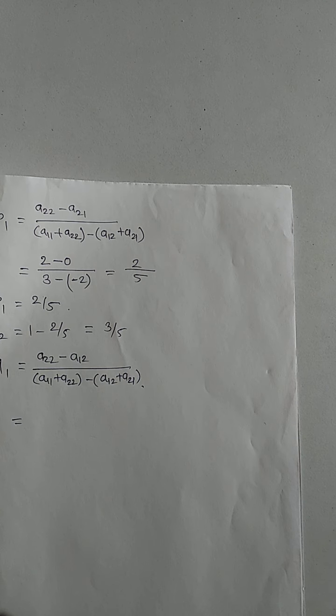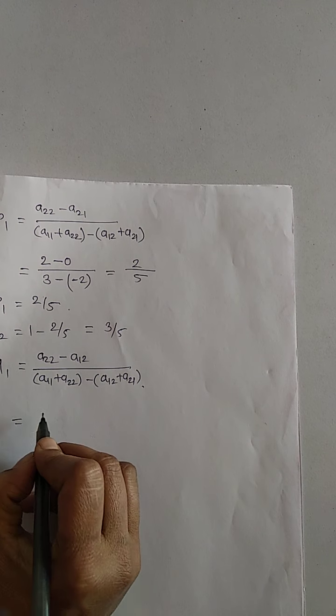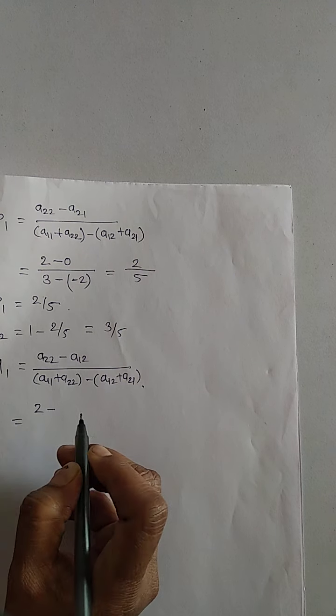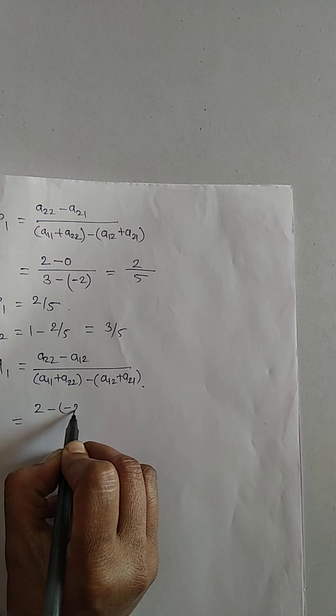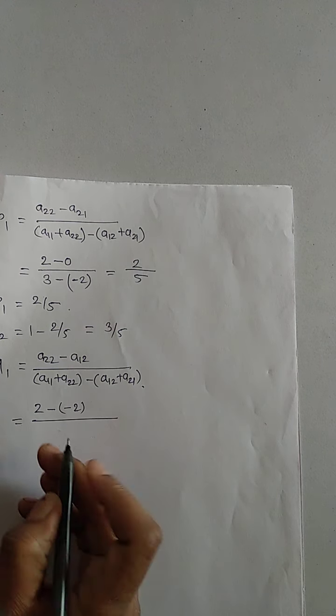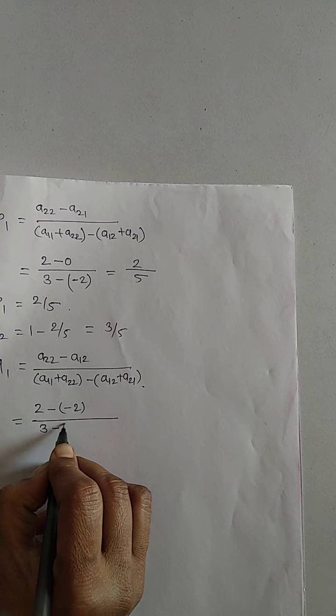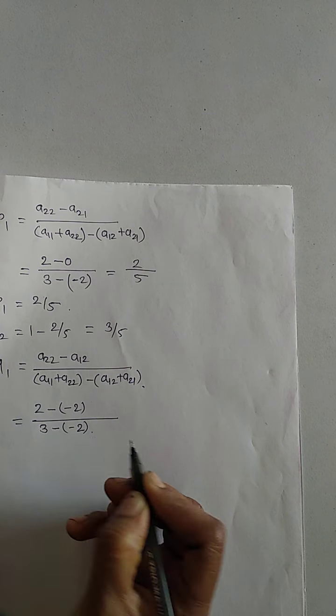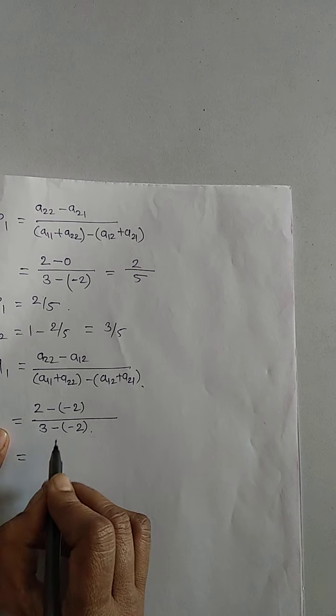Here A22 is equal to 2, minus A12 which is minus 2, upon the addition, which is 3 minus minus 2, that is equal to 4 by 5.